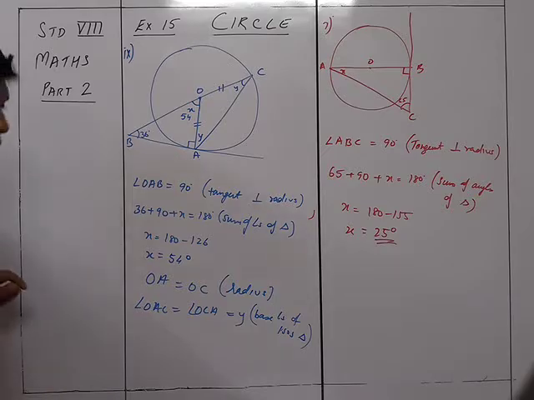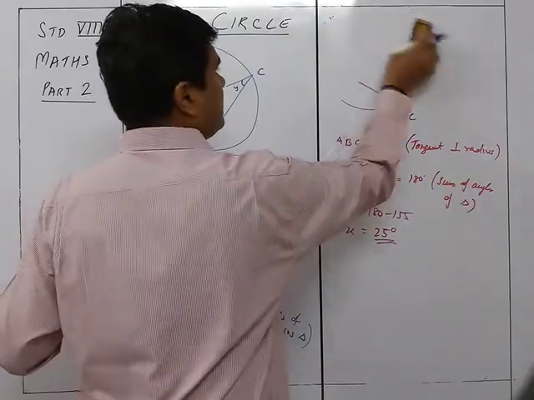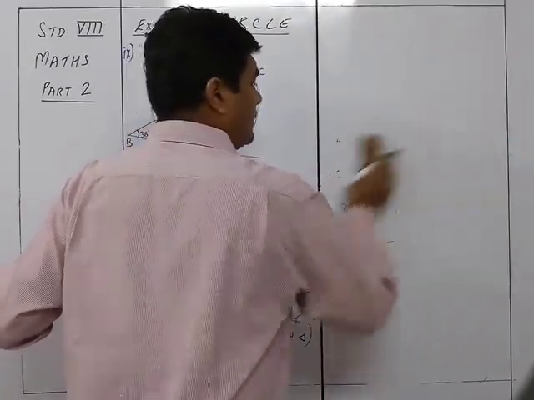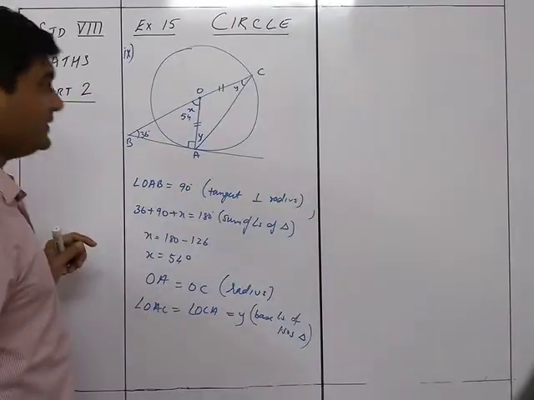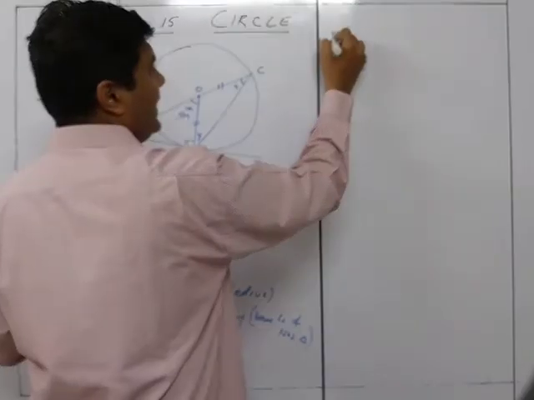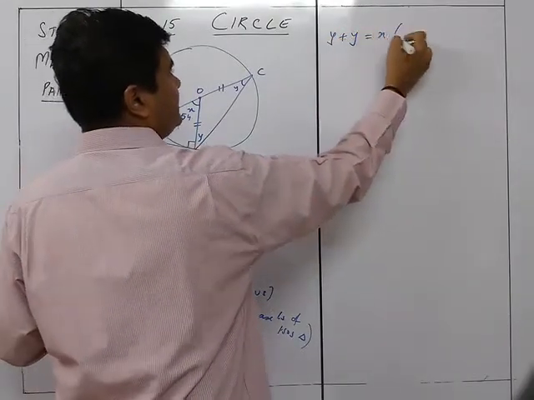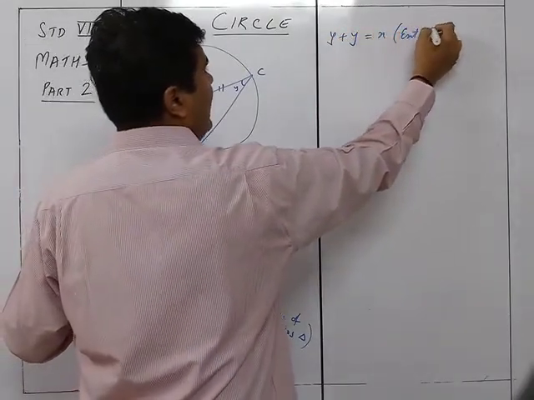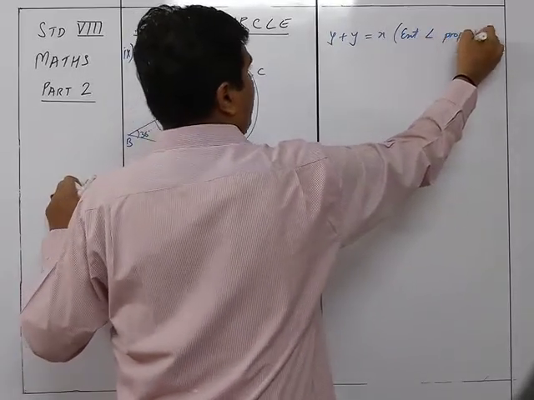So accordingly, we can have the equation over here that y plus y is equal to x. That is the exterior angle property of triangle.